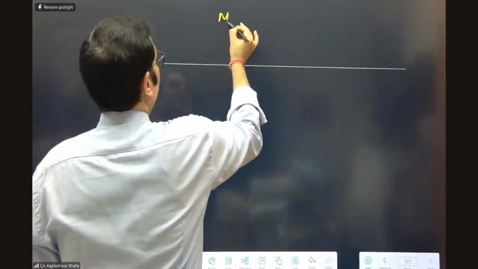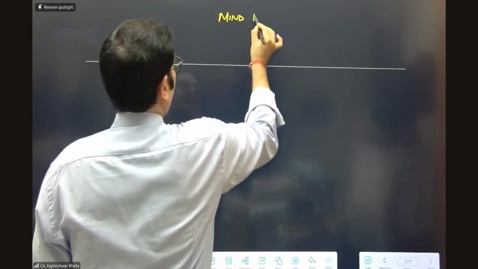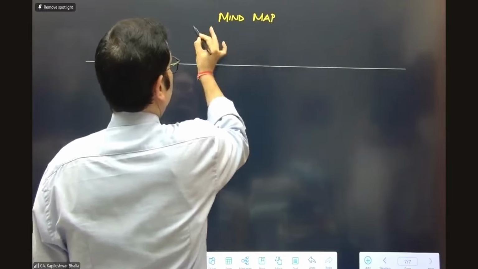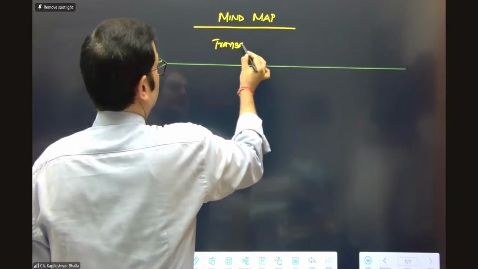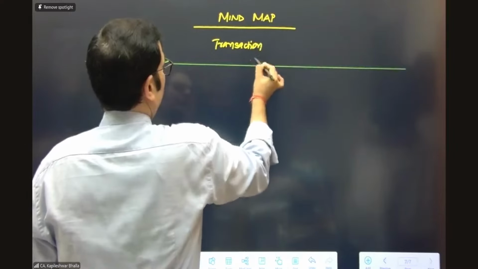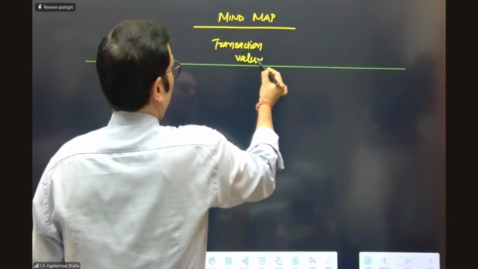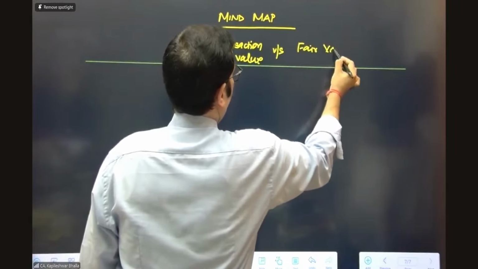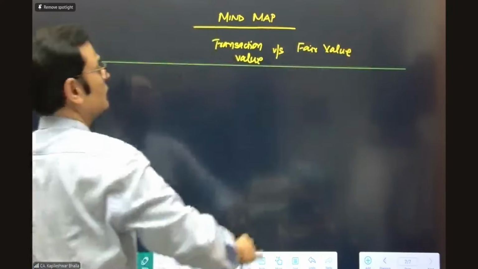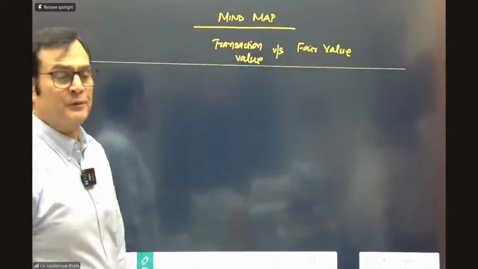So I'm looking at now a simple mind map on the discussion so far. And this is on the area when you're looking at a difference between transaction value versus fair value.